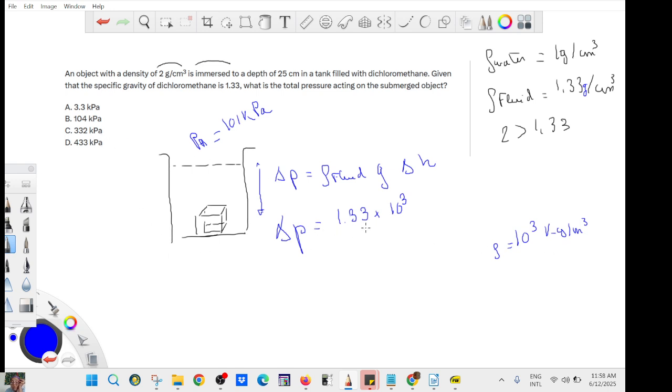So 1.33 times 1,000, and then you have g, which is 10, and then you have 0.25. If you do the computation, it's not that hard. You can do it by hand, and you're going to find about 3.3 kilopascal.